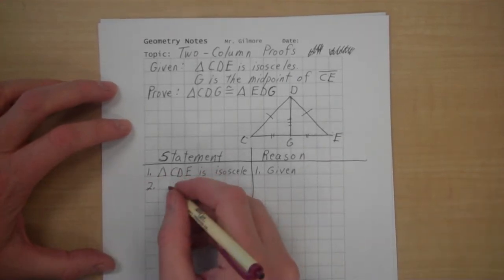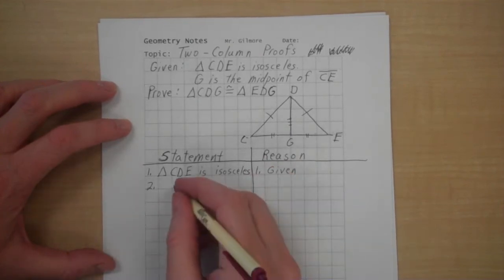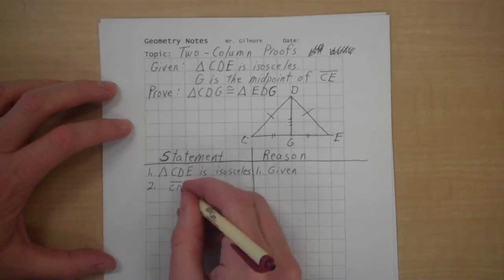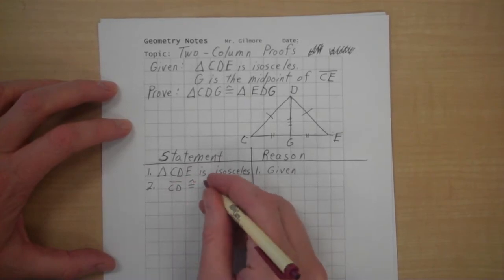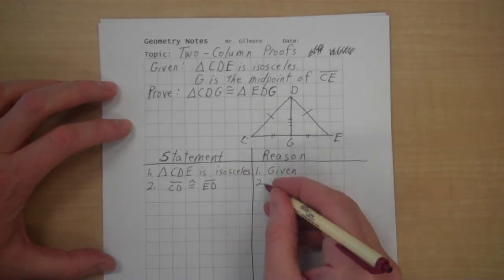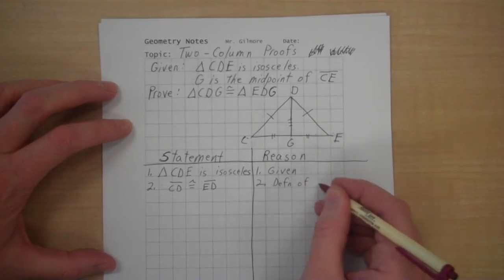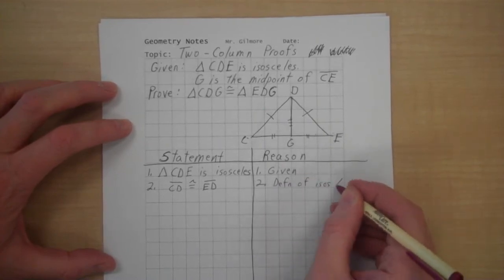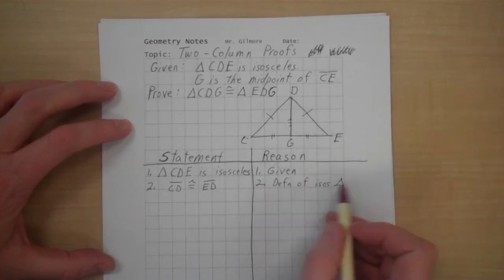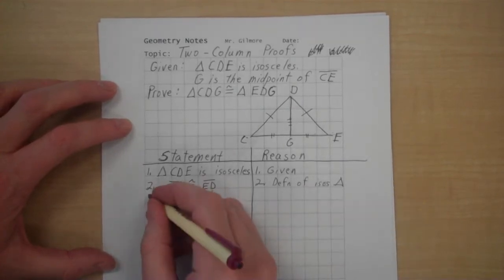Now statement 2, because CDE is isosceles, let me put that S on there, segment CD is congruent to segment ED. And like I said, because that's definition of isosceles triangle. Two sides are congruent. So we just need to state, why can we say this? Well, because we know what an isosceles triangle is.